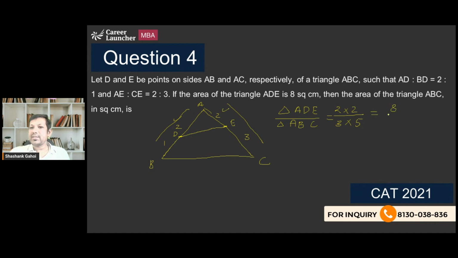It is given to us that the area of triangle ADE is 8. So what is the area of triangle ABC? Let's say the area is A, and I need to find the value of A. So from here I can say A is equal to 2 into 3 into 5, and that's equal to 30. So the area of triangle ABC is going to be 30, and that's the approach to calculate these kinds of questions.